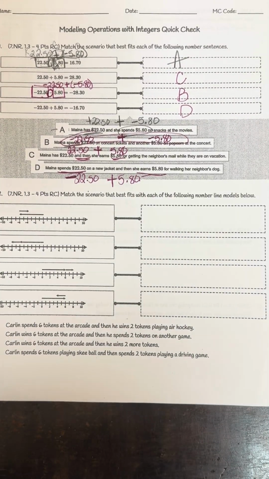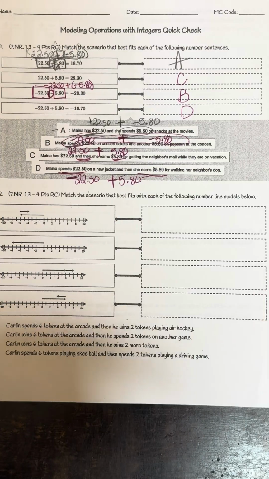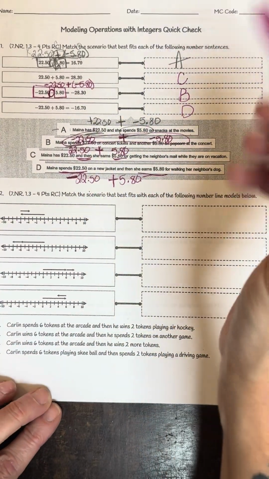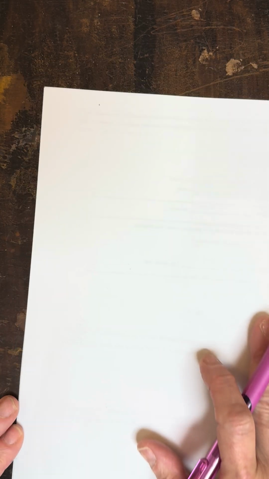And what's happening right there is exactly what you're going to be doing on here. Because on the formative, it's going to look like this. I'm going to get another copy and put it down here.